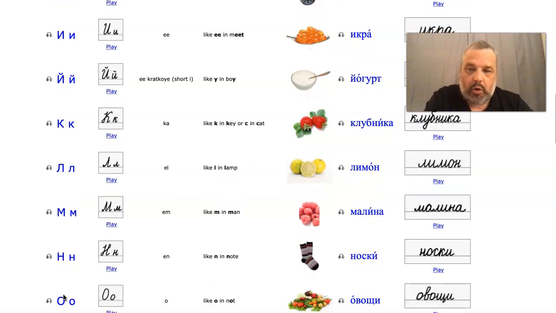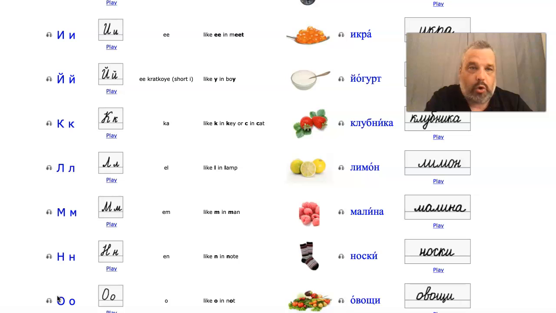So then O is O, just like we have. Now, we'll get into this later, but the pronunciation of certain vowels will depend on whether they are accented or not. For example, there's a Russian word called okno, O-K-N-O.